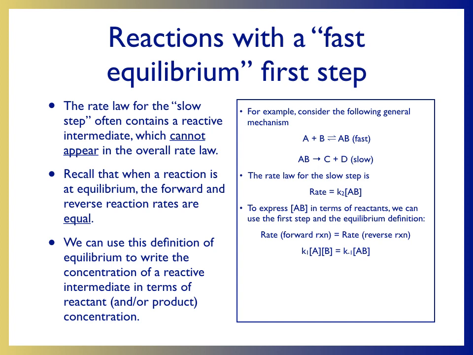Therefore, we use the first step in our mechanism to write the rate law for the forward reaction, which is K1 times the concentration of A times the concentration of B, equal to the rate law for the backwards reaction, which is K minus 1 times the concentration of AB. K1 is the rate constant for the forward reaction, and K minus 1 is the rate constant for the backwards reaction.